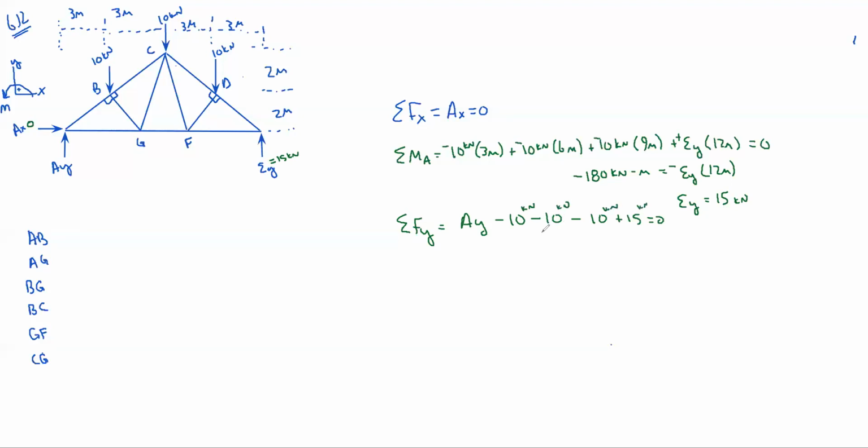Negative 10, minus 10, minus 10, plus 15 is negative 15, or minus 15. Solving for AY, we get AY is equal to 15 kilonewtons. I'm going to pause right here while I get the board raised. See you in a minute.